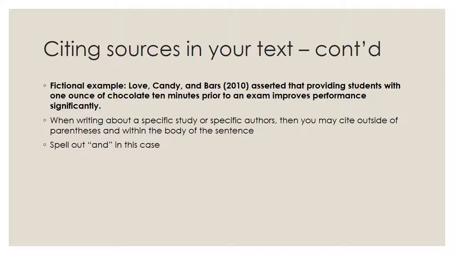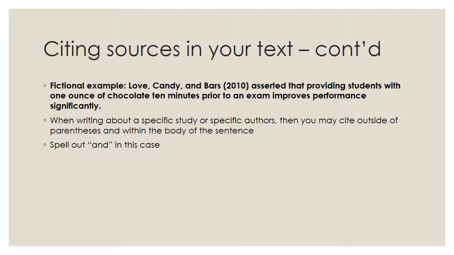So here's another way to cite a single work within the body of your paper, and if you want to maybe put a little more emphasis on a particular source. So here's a fictional example. Love Candy and Bars in 2010 asserted that providing students with 1 ounce of chocolate 10 minutes prior to an exam improves performance significantly.